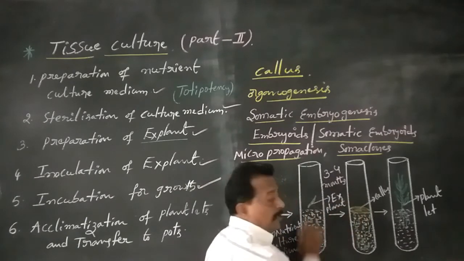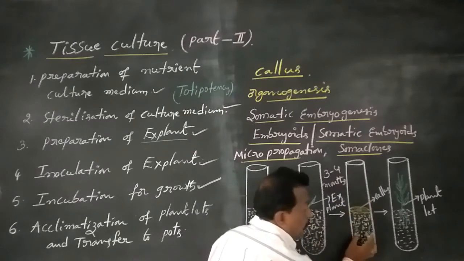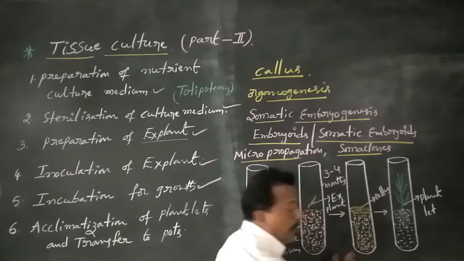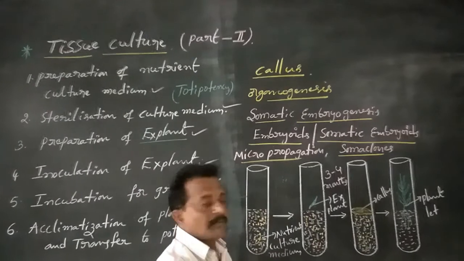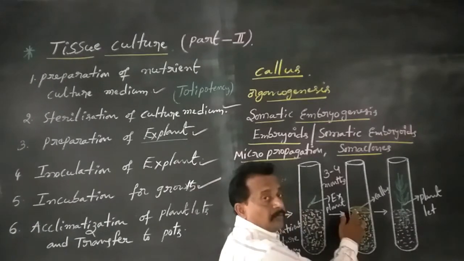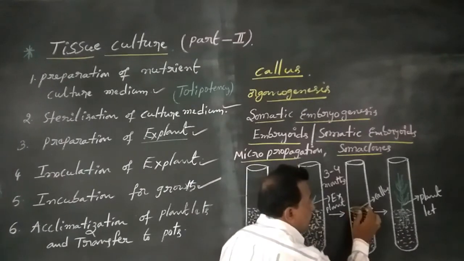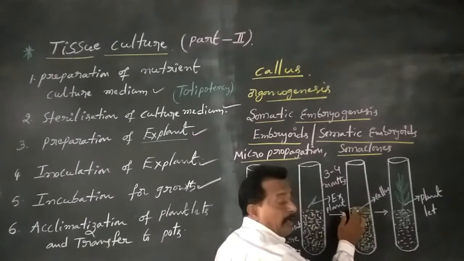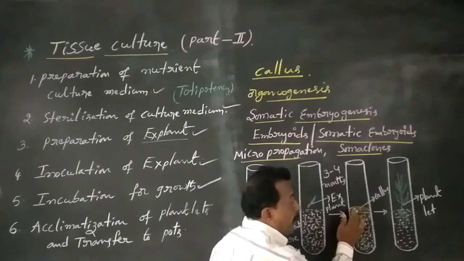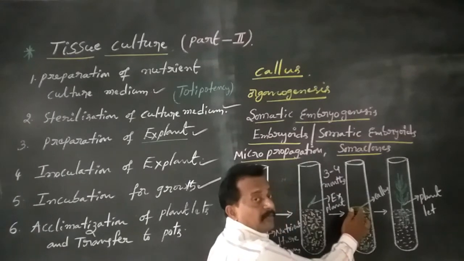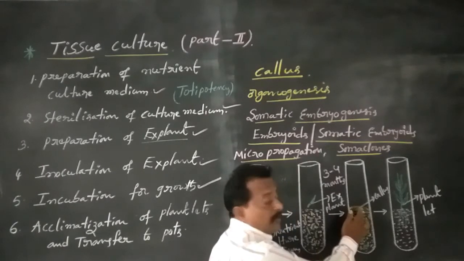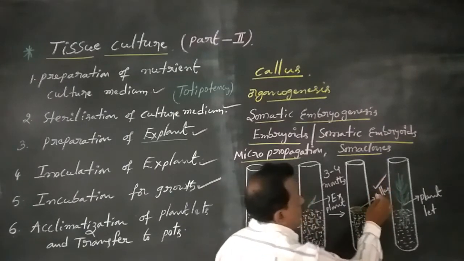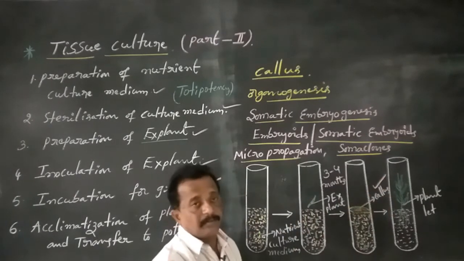the explant absorbs the mineral nutrients of the culture medium and grows, and repeated cell divisions form a proliferated undifferentiated mass of cells, that is called callus.